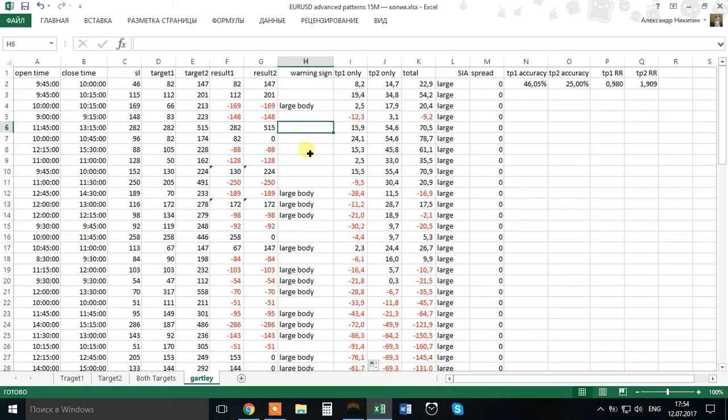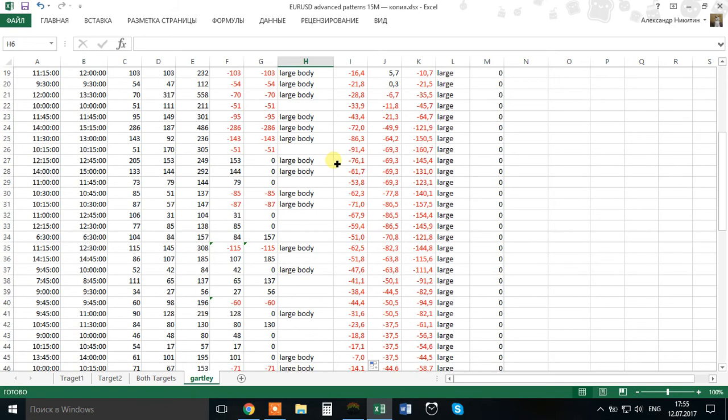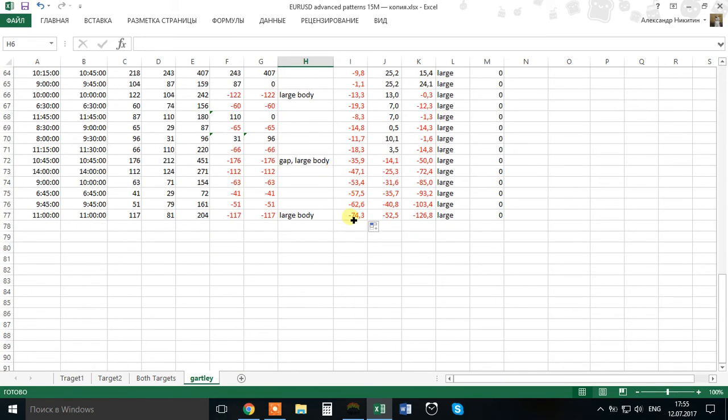Okay, everything is fixed. What I'm going to do now is show you the expectancy of those Gartleys. If you trade all those Gartleys, regardless of the large expansion bars, you will be negative.